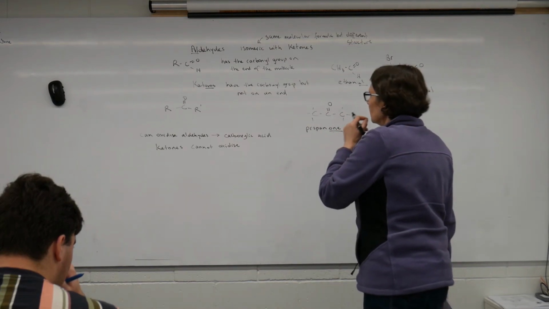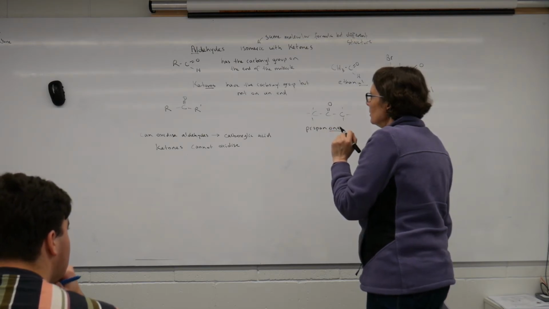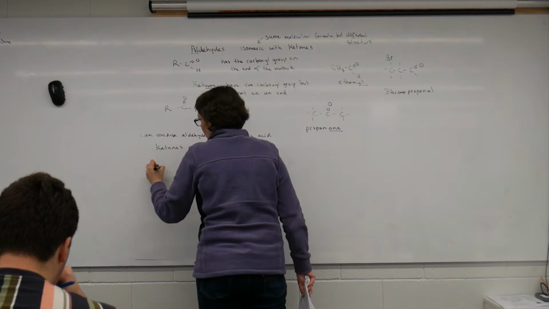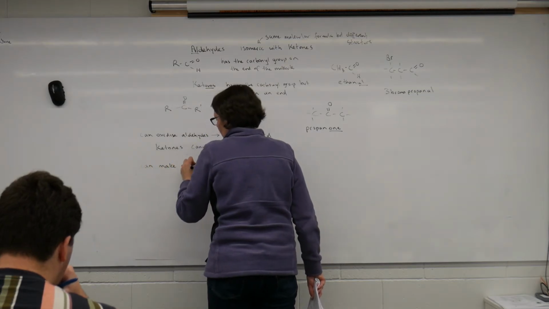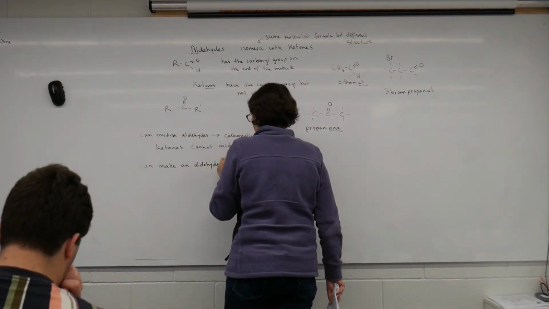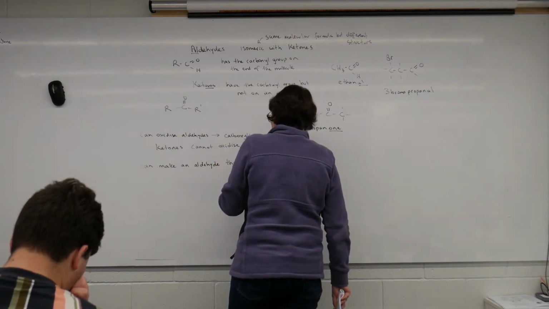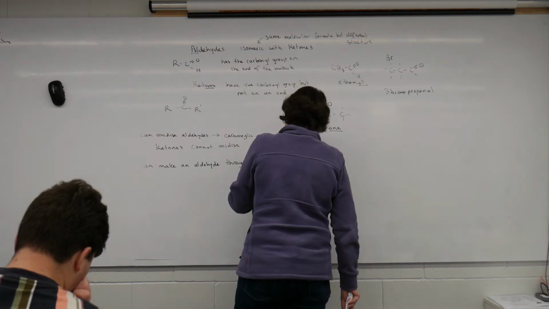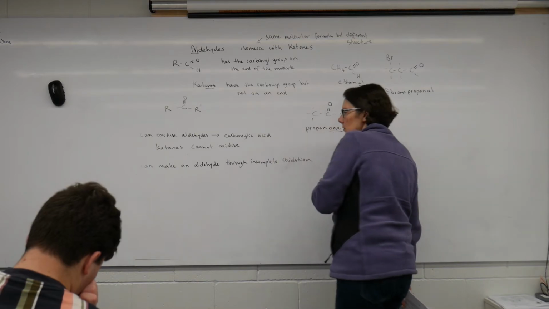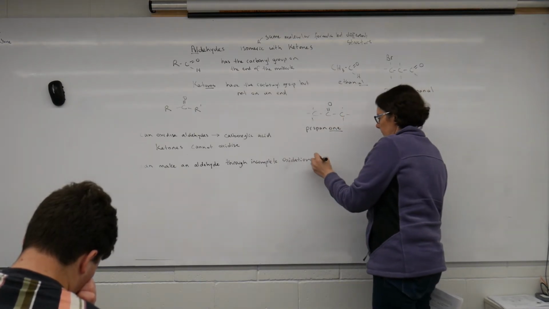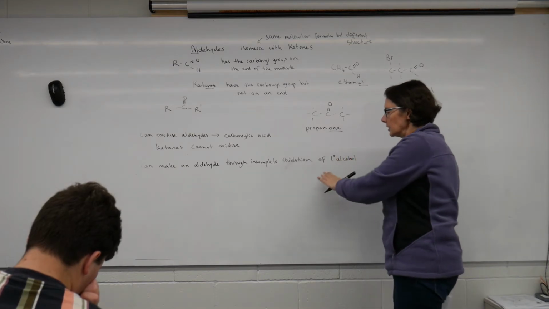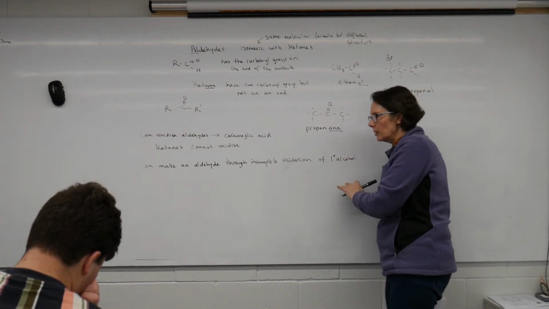How can we make an aldehyde? What kind of alcohol? Okay, so that's an important part to include. It has to be a primary alcohol.